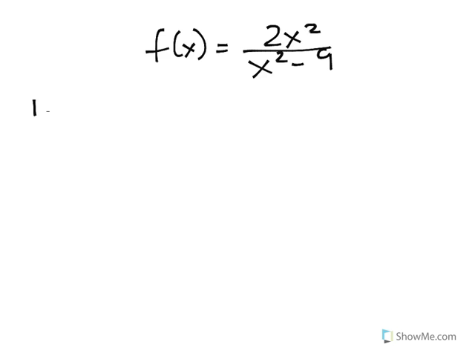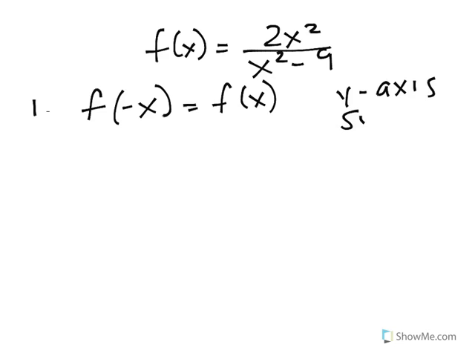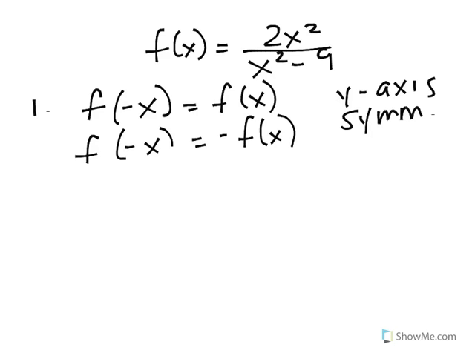If f of negative x is equal to f of x, then it has y-axis symmetry. Y-axis symmetry, abbreviated right there. If f of negative x is equal to negative f of x, that goes with that, then we have origin symmetry. All right?